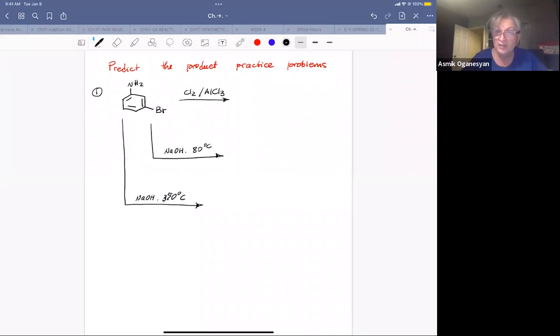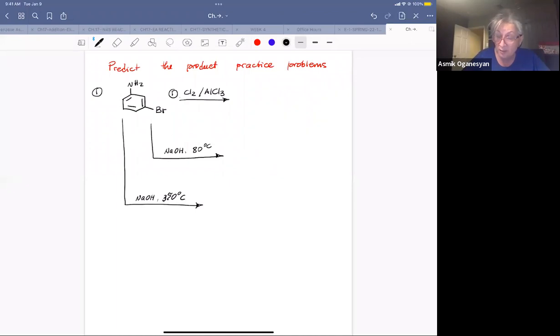Okay, let's take a look at this problem. We have a benzene ring with an electron donating group and bromine. We can observe bromine as an electron withdrawing group or as a leaving group based on the reaction conditions. Okay, so the reaction conditions for reaction number 1, we see a clear chlorination reaction.